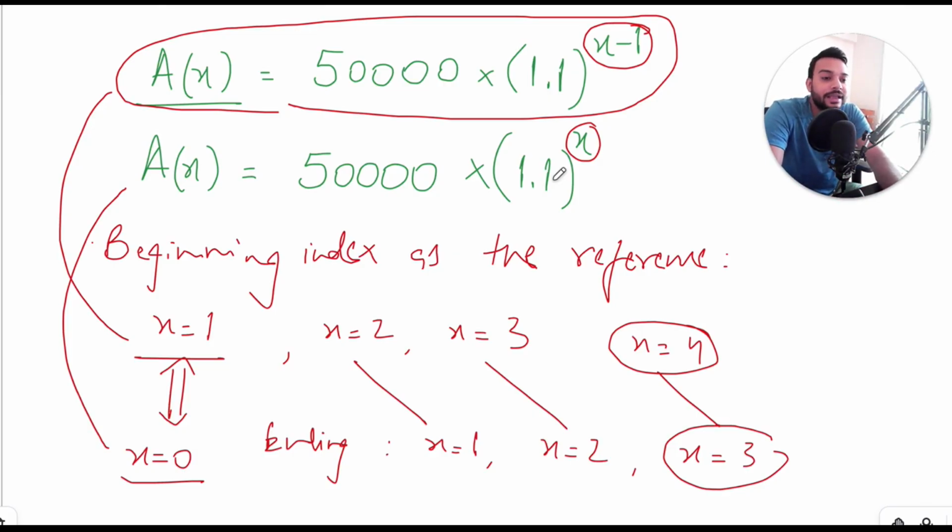When they say after n years, it's better to take the ending index. So you can directly take X, and when you put the value of X as n, it will automatically become the value after the end of n years. That's the only difference between these two representations. They represent the same thing. Okay, let's move on.